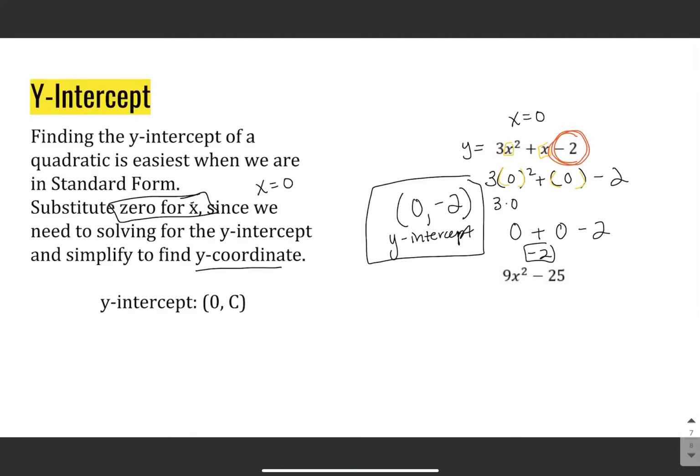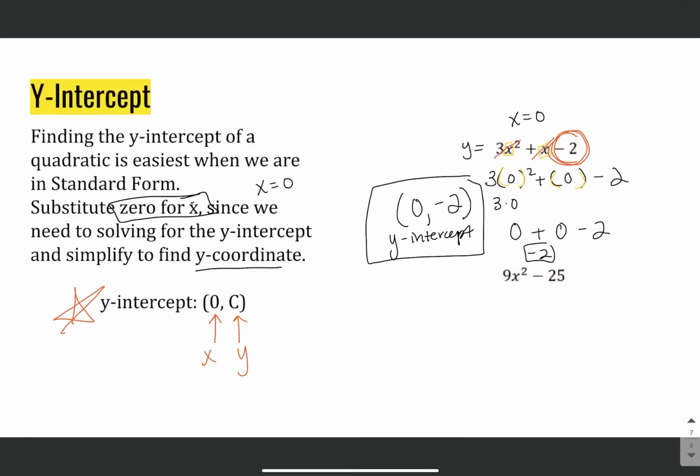Because again, if x is 0, these terms will always eliminate themselves. So a shortcut to know your y-intercept is just to say, oh, well, know that your x is always 0 and your y is always your c value. So if you remember that, you can get this done really quickly. If you don't remember that, then you kind of have to go through some extra steps.